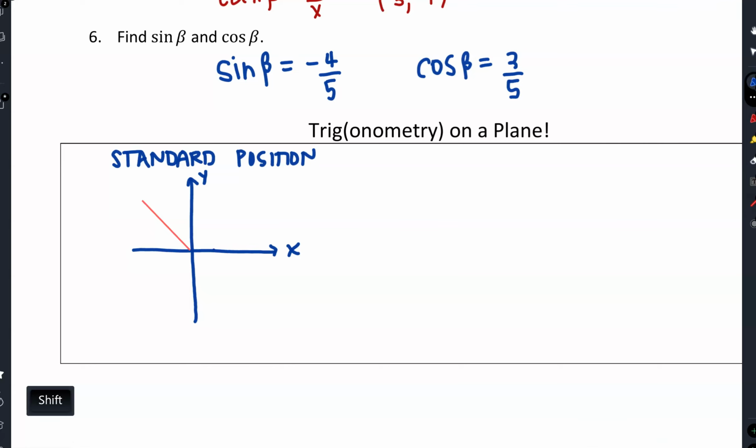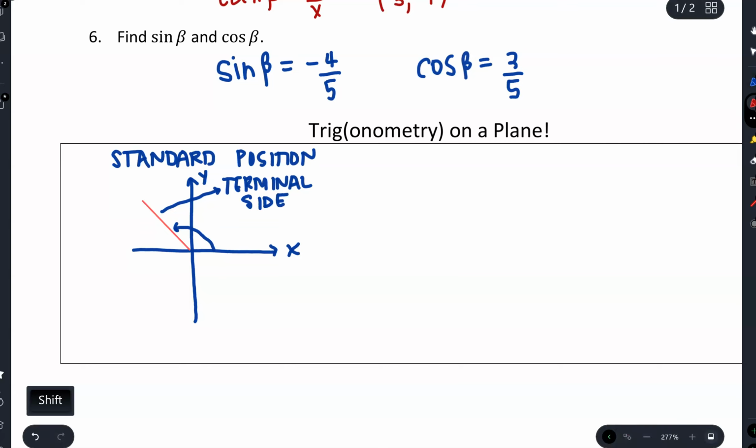So it's opening along the x-axis to this side, and this is my terminal side. Okay, so this is considered my terminal side of an angle. But when we draw our triangles, we always go to the x. We make our right triangle with the x-axis. Okay. So this is our angle that we will reference in our right triangle.